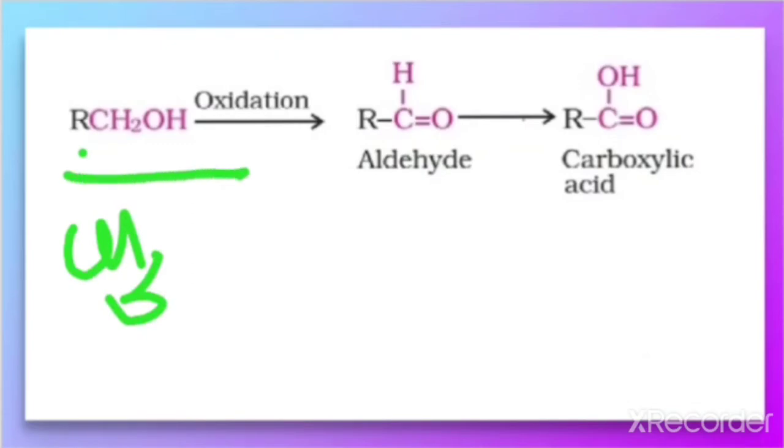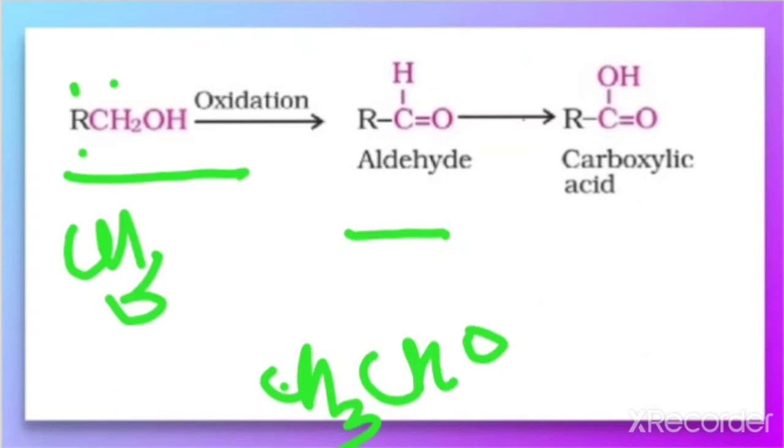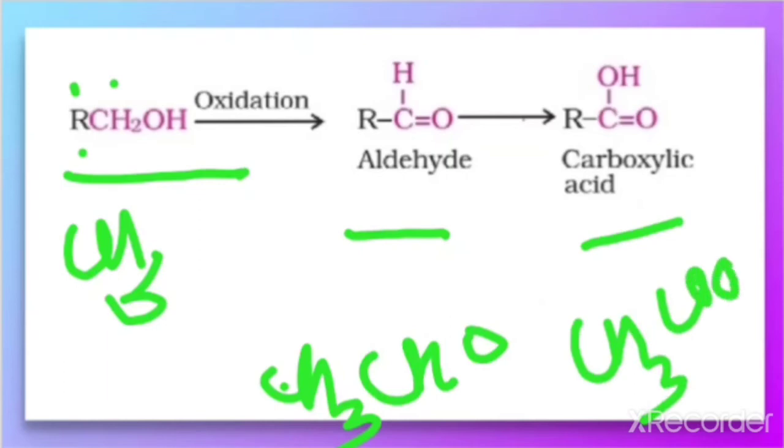Then this is called a 2 carbon alcohol, that is, R is CH3 and CH2, 1 plus 2, 2 carbon alcohol, that is ethanol. Ethanol gives rise to CH3CHO, that is acetaldehyde, which gives rise to ethanoic acid, that is CH3COOH. So you can make the product easily by using this general equation.